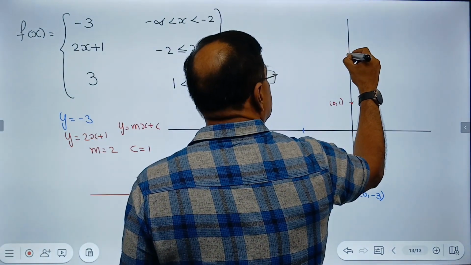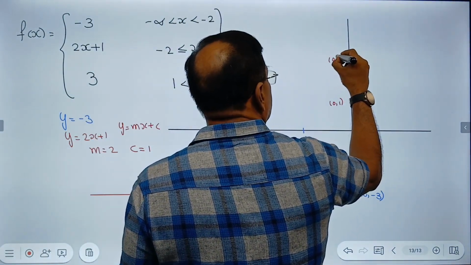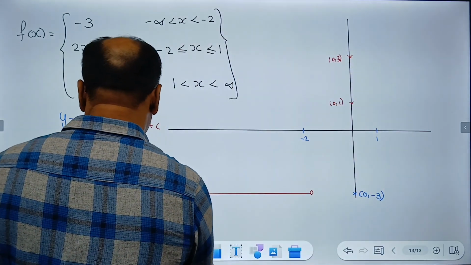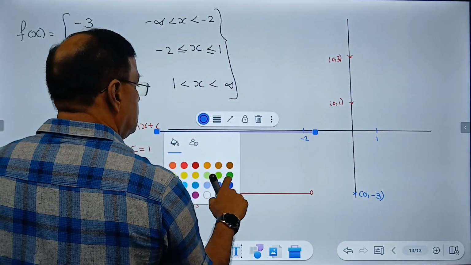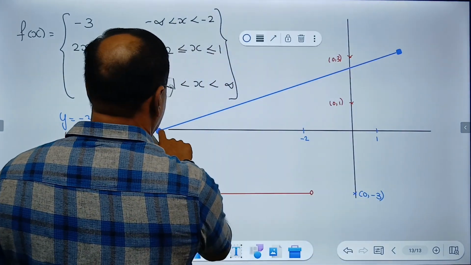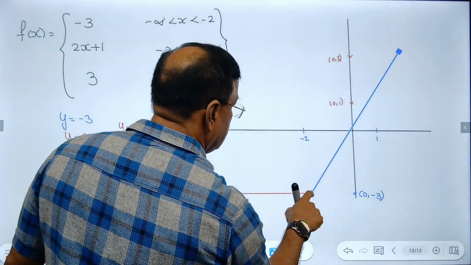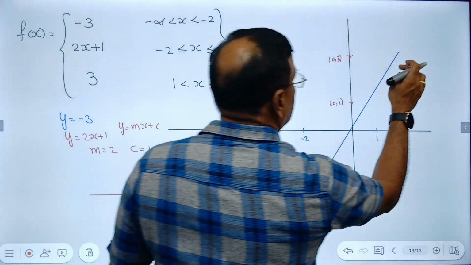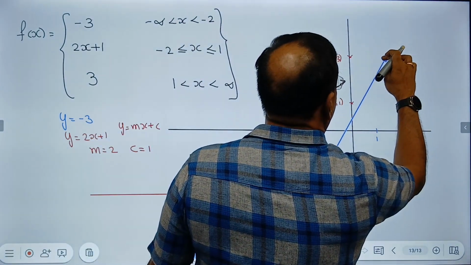I need that also. This is 0 comma 3, and this is the line. Let me just draw this line. So it goes from here, up to this point.